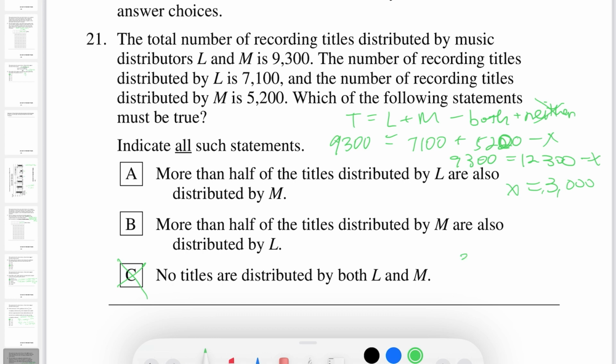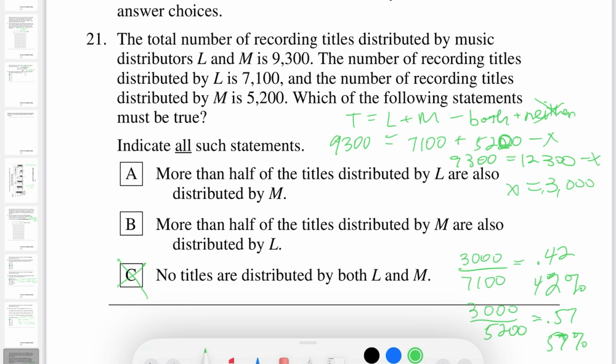And we can simply do that by doing 3,000 divided by 7,100 for L, and that is 42%. And 3,000 over 5,200 is 0.57 or 57%.